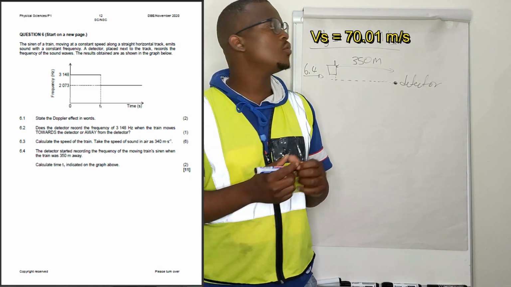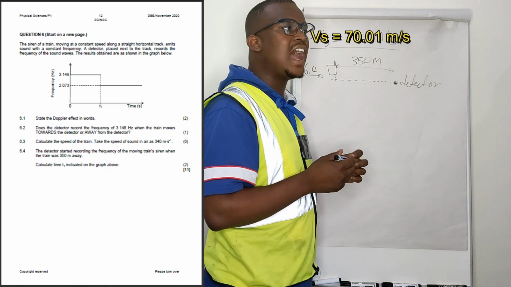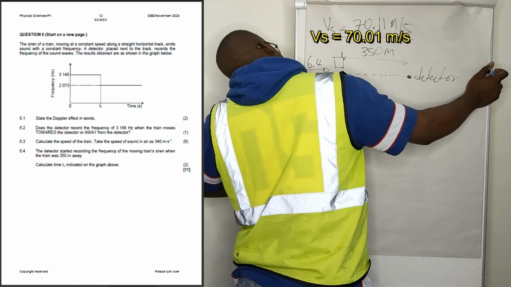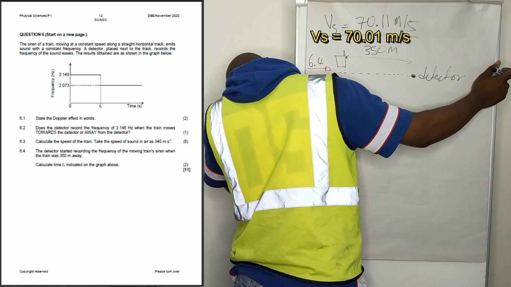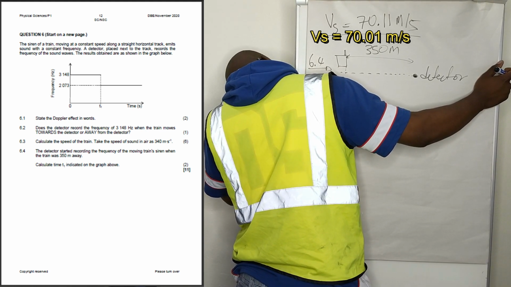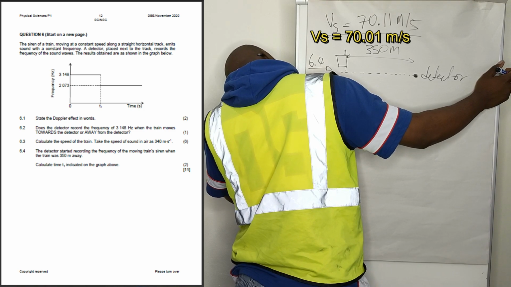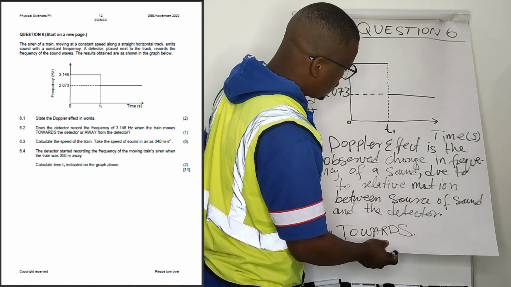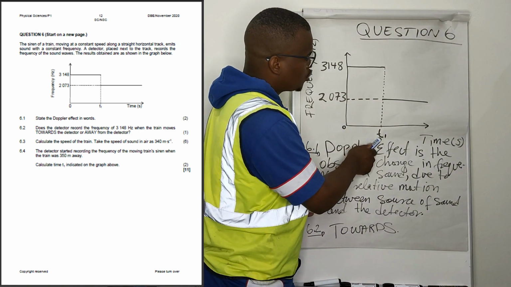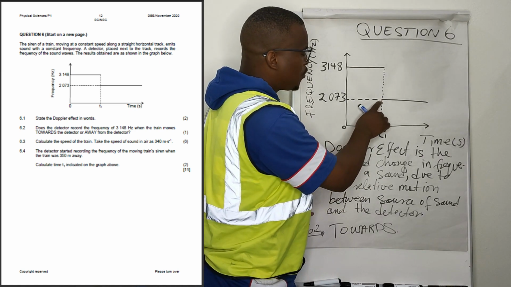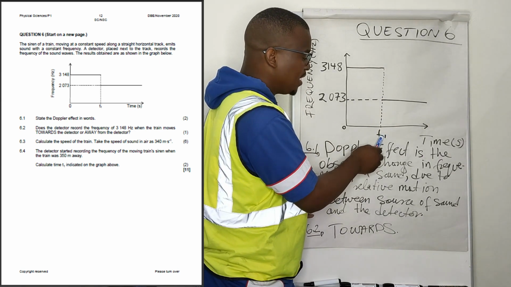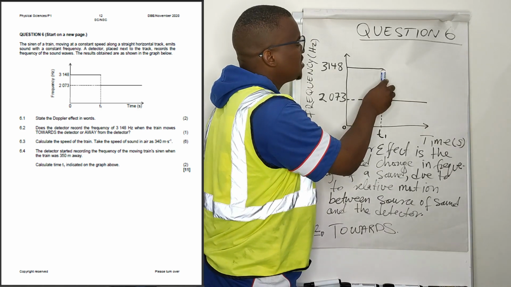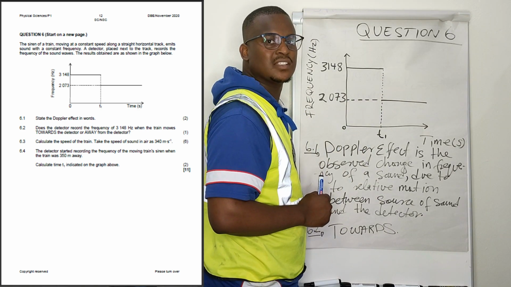Calculate the time t1. So now they want you to calculate the time at t1. What is t1? Let's go back to our original drawing. T1 is this time here. This is when the train is passing the detector, after it has traveled 350 meters.